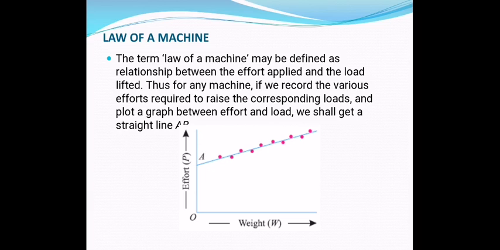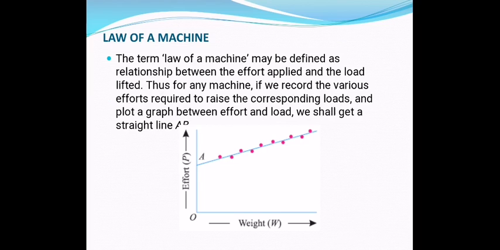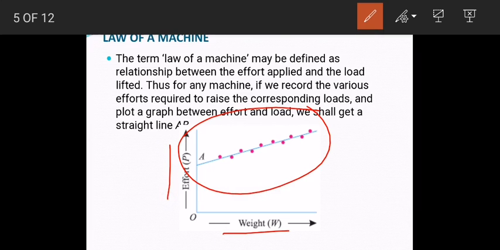Thus for any machine, if we record the various efforts required to raise given loads, and then find the relationship by graph, we find that it is a plane, straight line relationship. You can see here, it is a straight line relationship between load and effort.